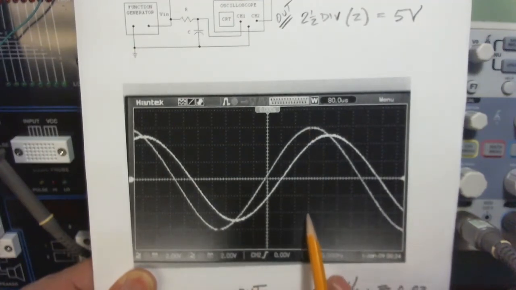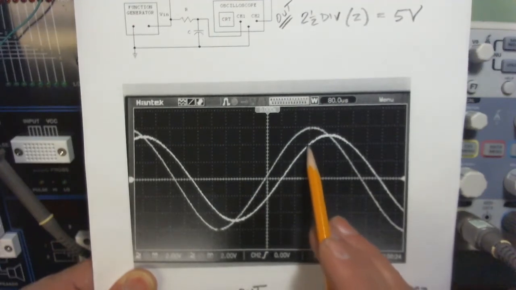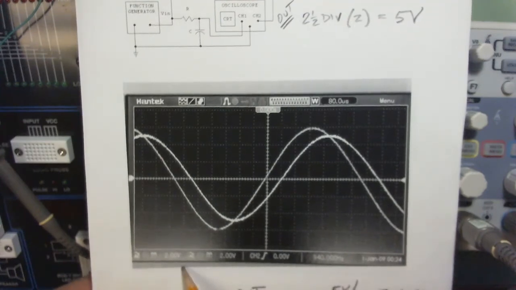So there's 1, 2, 3, 4, 5, 6. I've got 6 divisions there. What's my scale? Well, 2 volts per division. 6 times 2 is 12. 12 volts peak to peak.